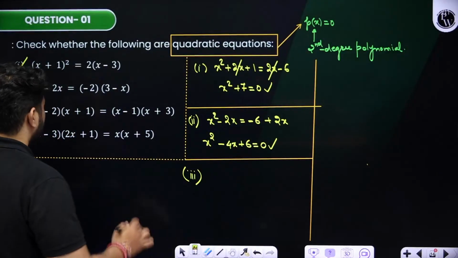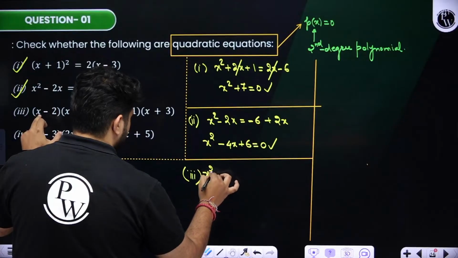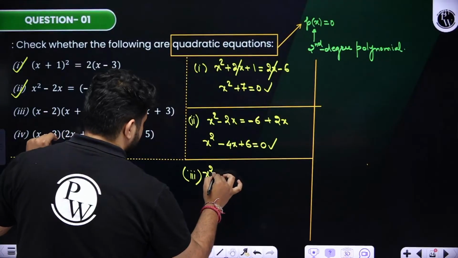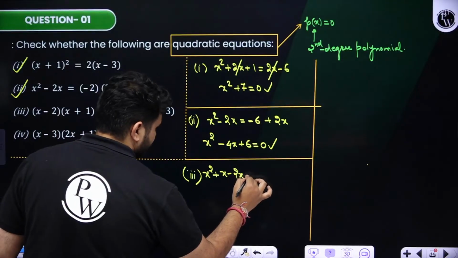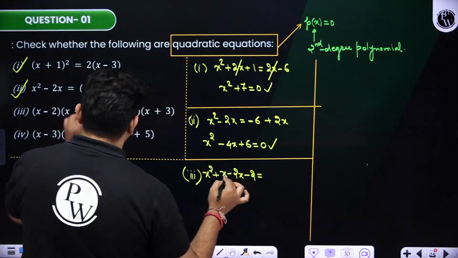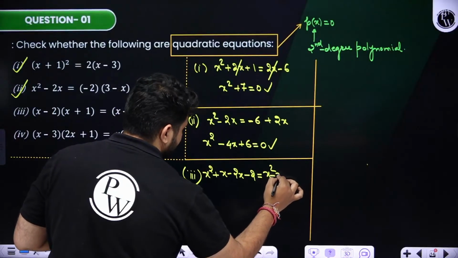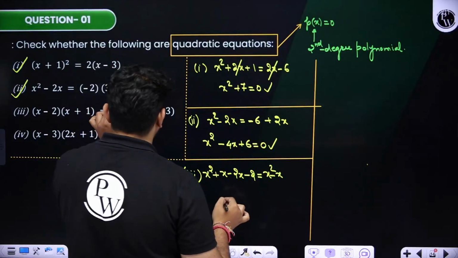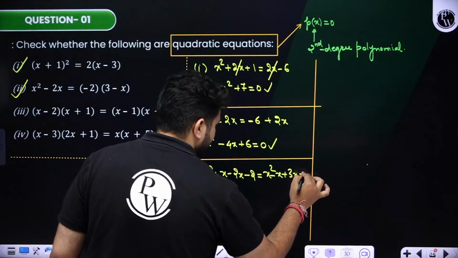Now if you multiply this, it will be x square plus x minus 2x minus 2 equals x square minus x square minus x plus 3x minus 3.